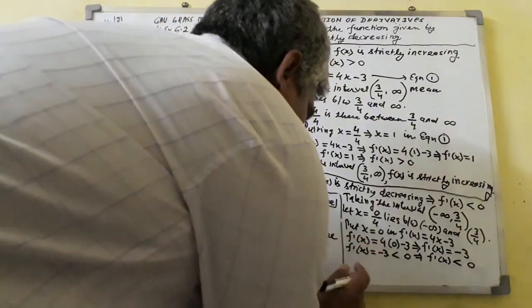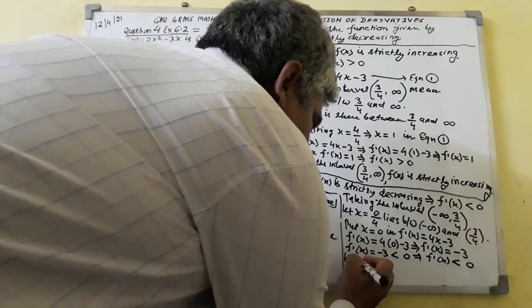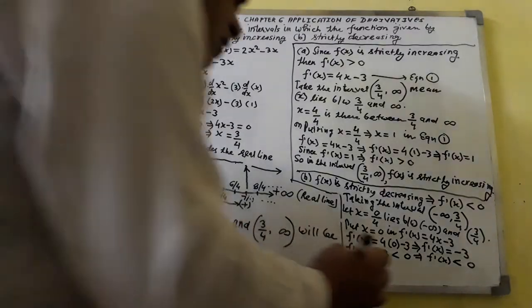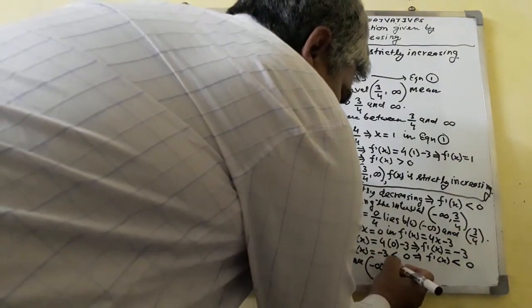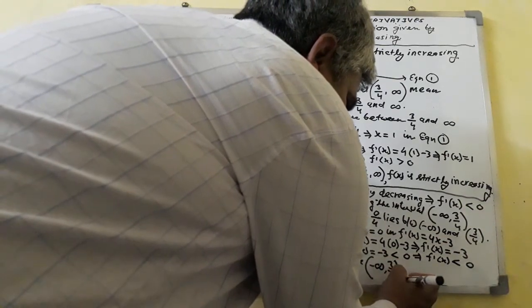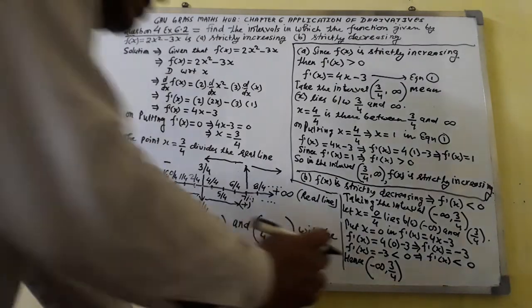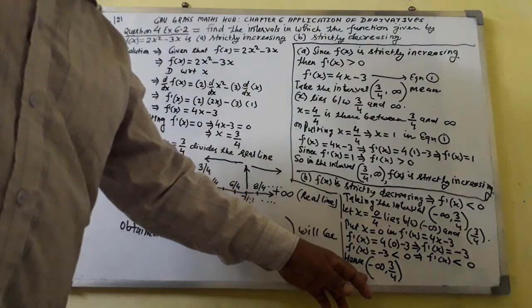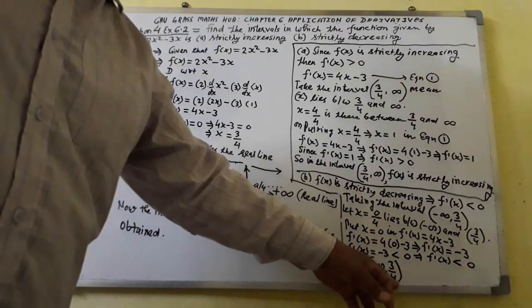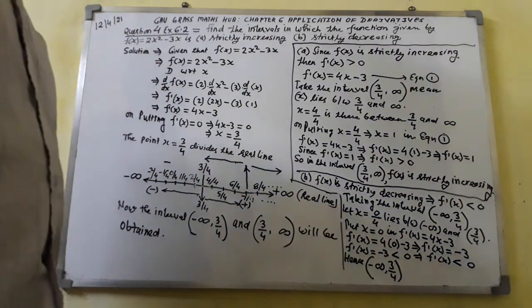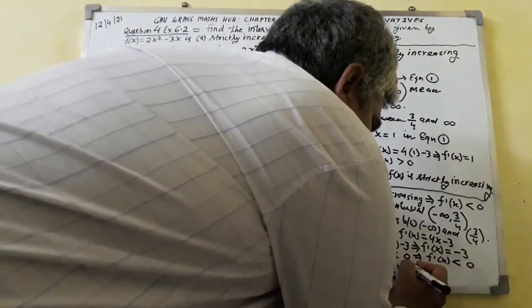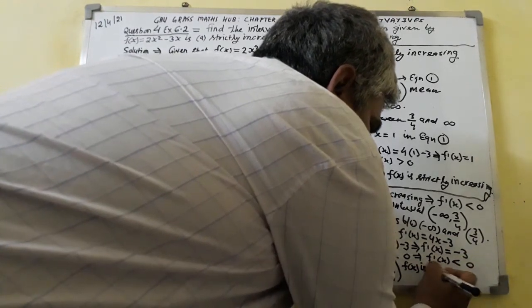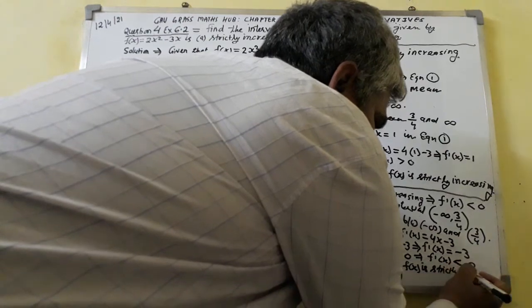Hence, in the open interval minus infinity comma 3/4 open interval, f of x is strictly decreasing.